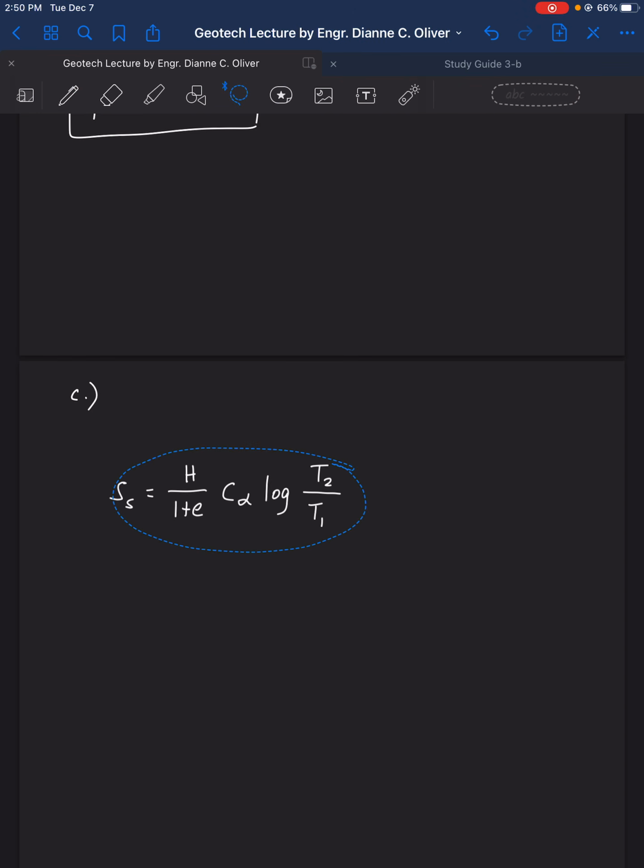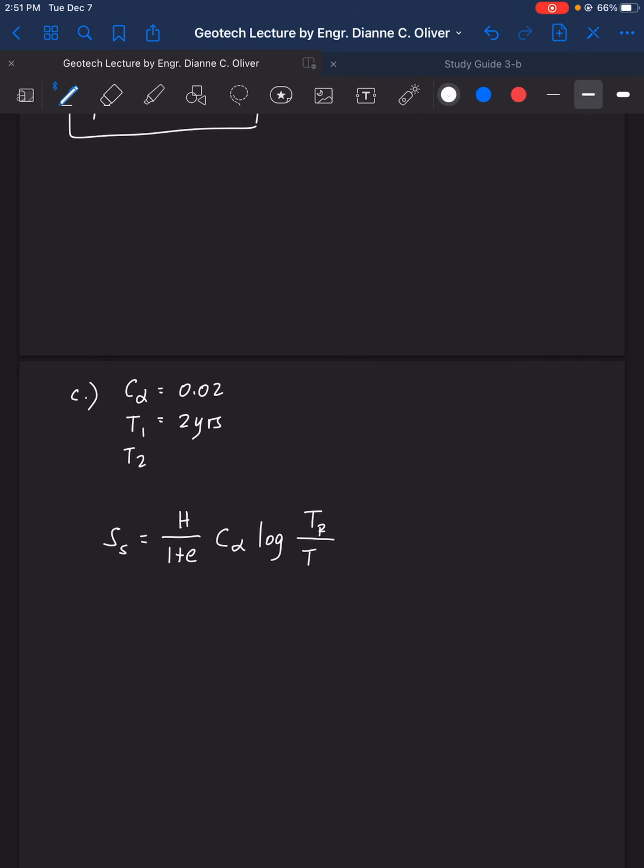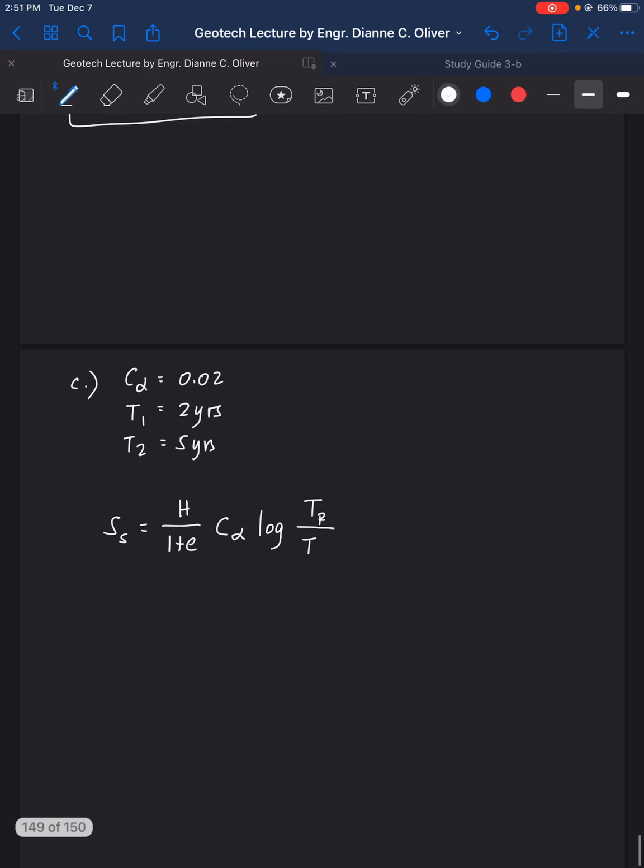Let's put our given first. So, C alpha equal to 0.02. T1 is 2 years. T sub 2 is 5 years. Okay.